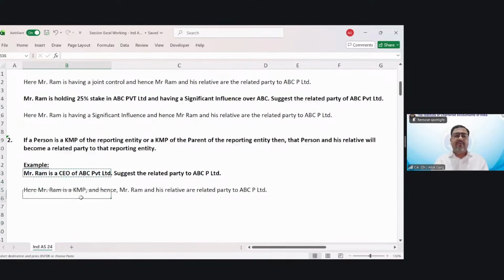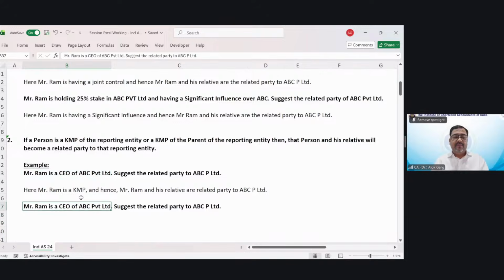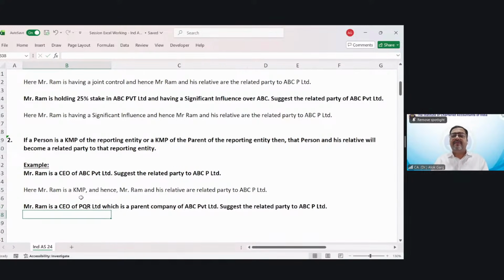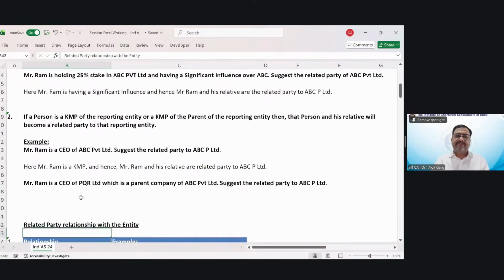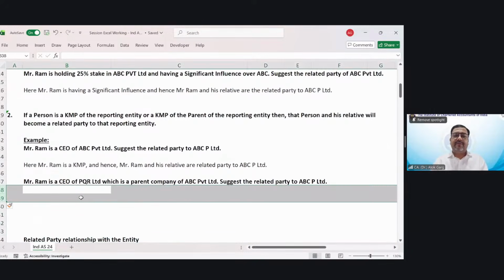Mr. Ram is a CEO of PQR Limited, who is a parent company of ABC Private Limited. Suggest the related party to ABC Private Limited.